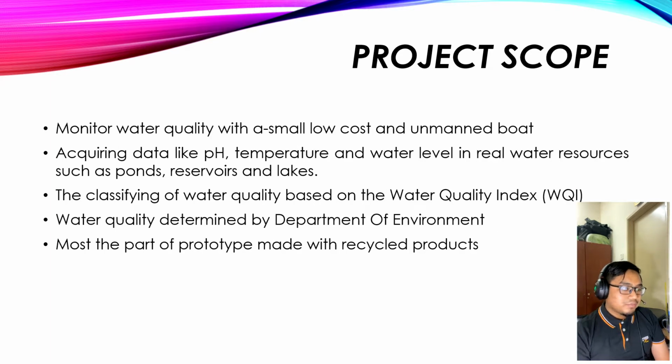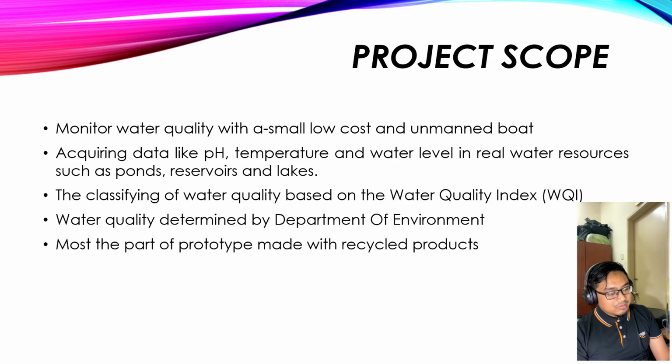For the project scope, our project scope is to monitor water quality with a small, low-cost, unmanned boat to acquire data like pH, temperature, and water level in real water resources such as ponds, reservoirs, and lakes.